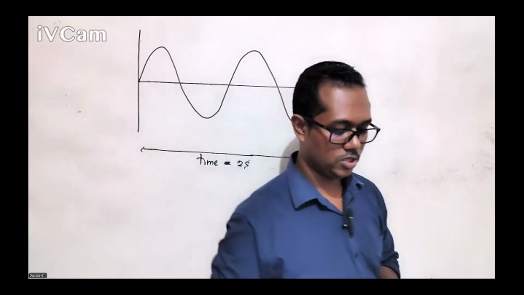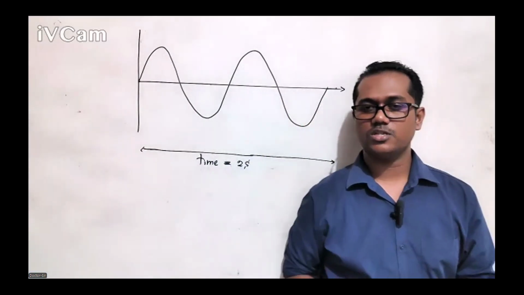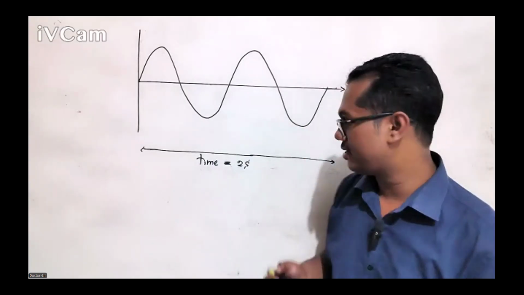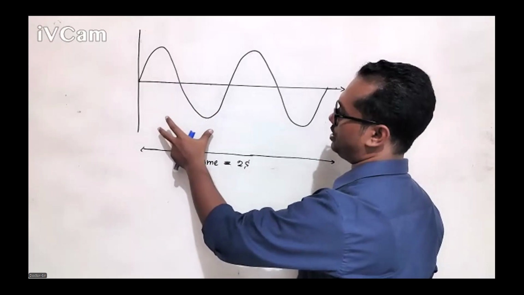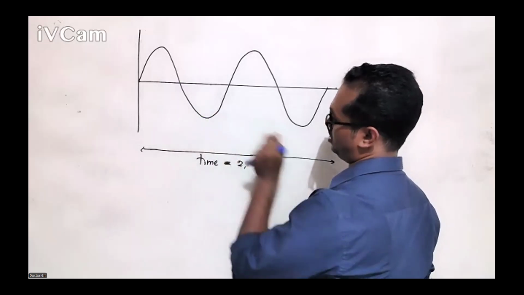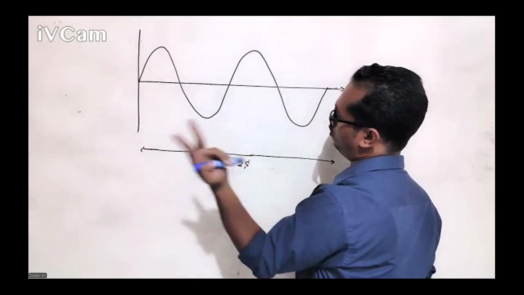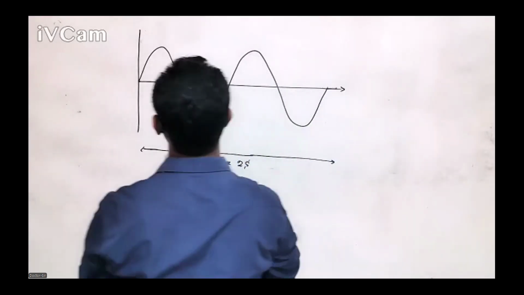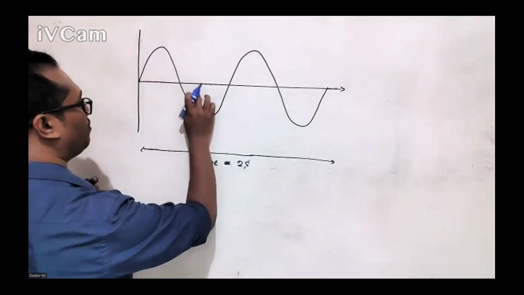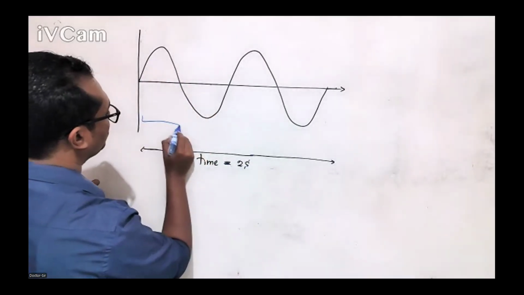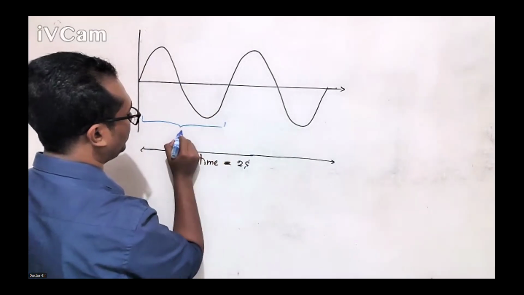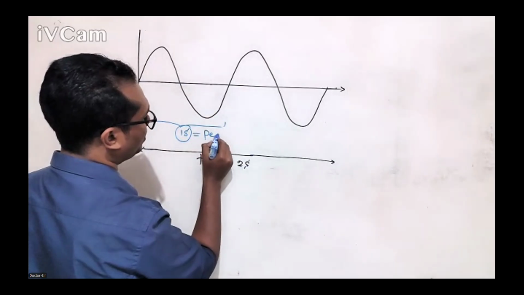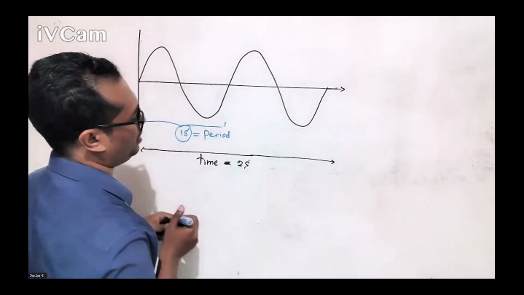Two wave cycles. So what is the time duration for one wave cycle? One wave cycle takes 1 second. Why? The 2 seconds is for two wave cycles. One wave cycle means one crest and one trough. So this is a period. It takes 1 second. That is represented as the period.